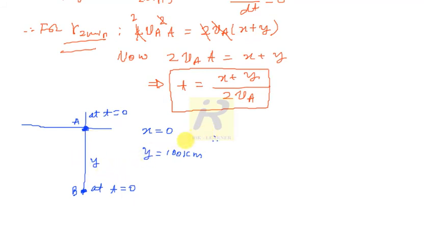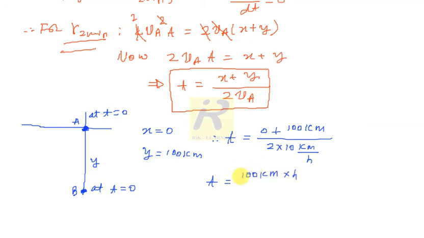Therefore, t equals 0 plus 100 kilometer divided by 2 times 10 kilometer per hour. So this will be nothing but 100 kilometer into hour whole divided by 20 kilometer. So definitely this becomes 5, and the answer is t equals 5 hour.